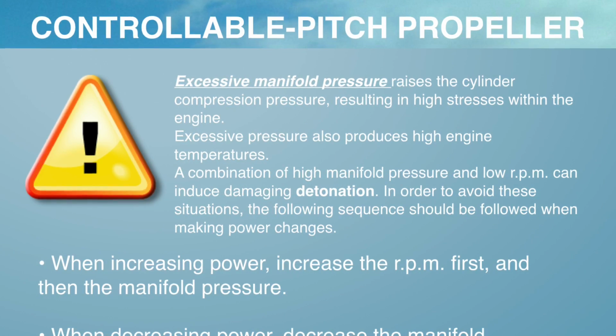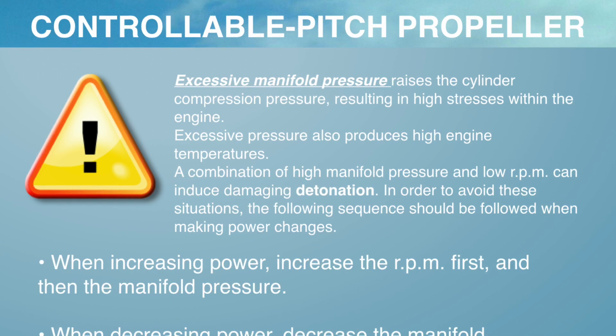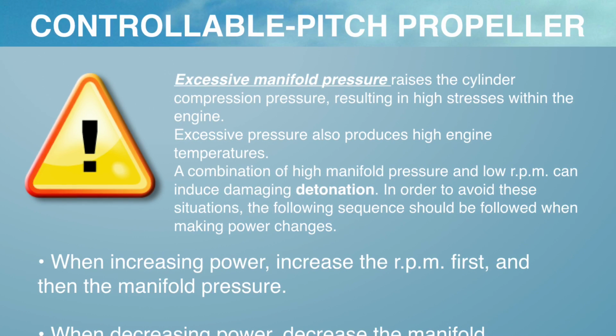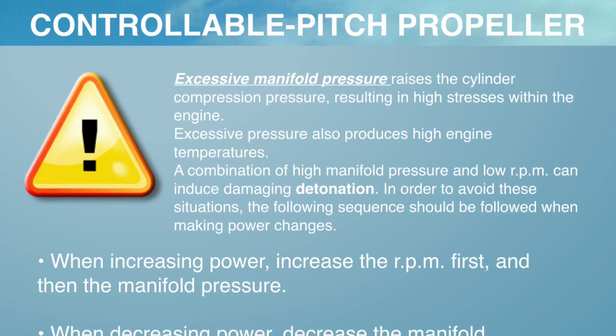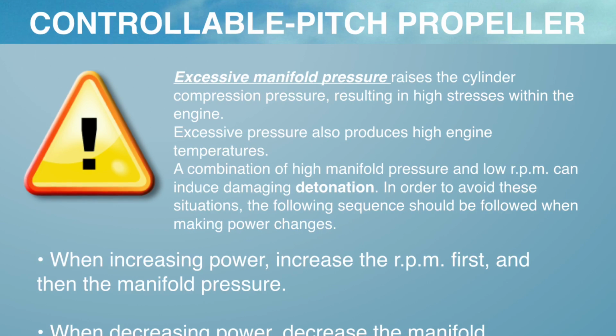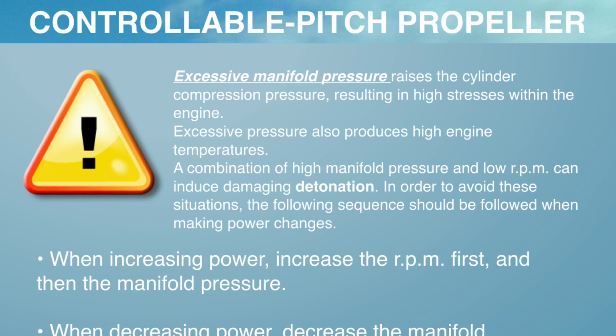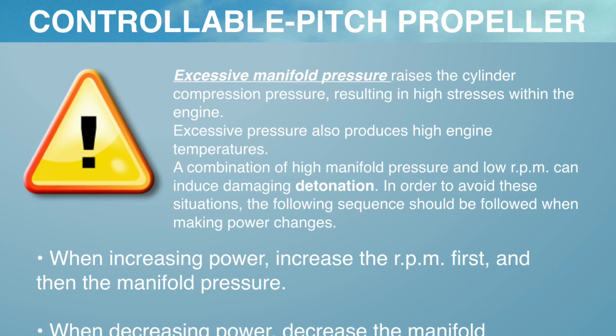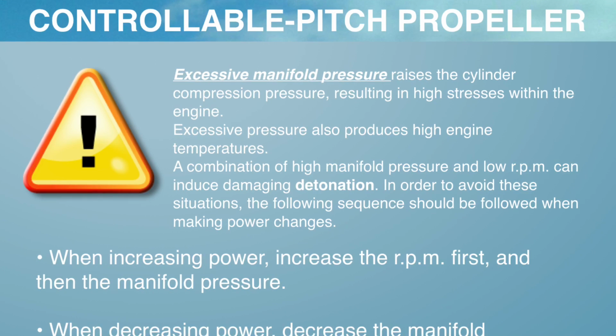So now let's talk about the controllable pitch prop, the constant speed prop. This talks about how excessive manifold pressure raises cylinder compression pressure, resulting in high stresses within the engine. Excessive pressure also produces high engine temperatures.